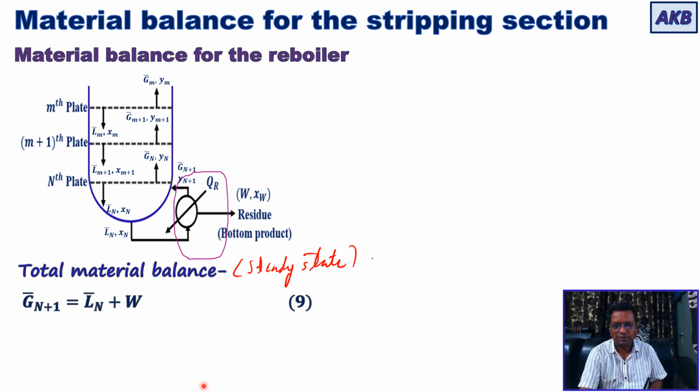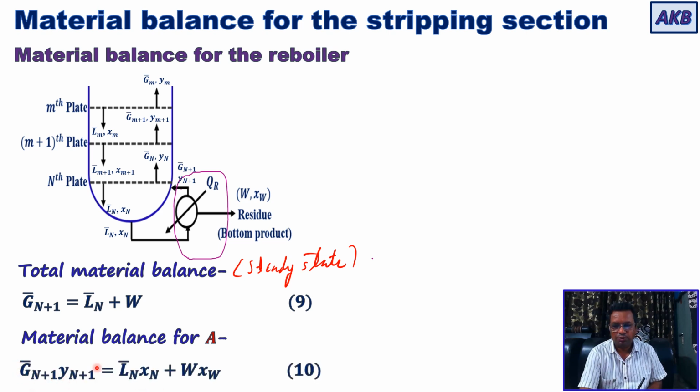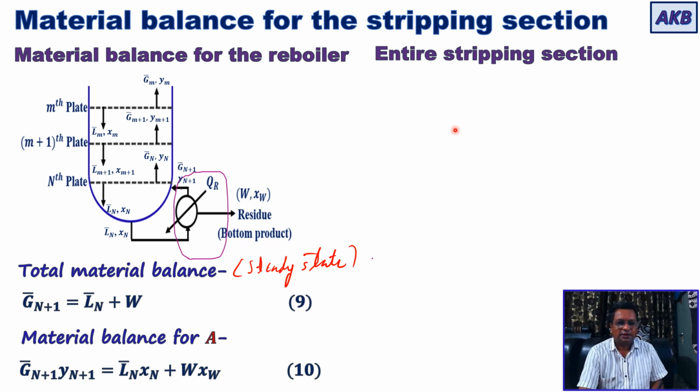So G bar n plus 1 is equal to L bar n plus W. Similarly, material balance for A, the more volatile component. It will be G bar n plus 1 into Yn plus 1, that is equal to L bar n into Xn plus W into Xw. Total into fraction. Again, material balance for A at steady state. Then that ends material balance for the reboiler.